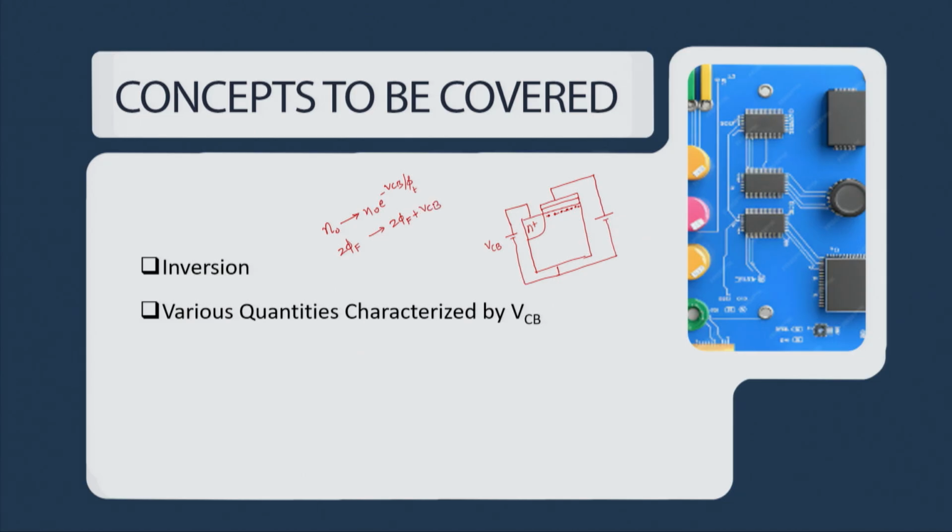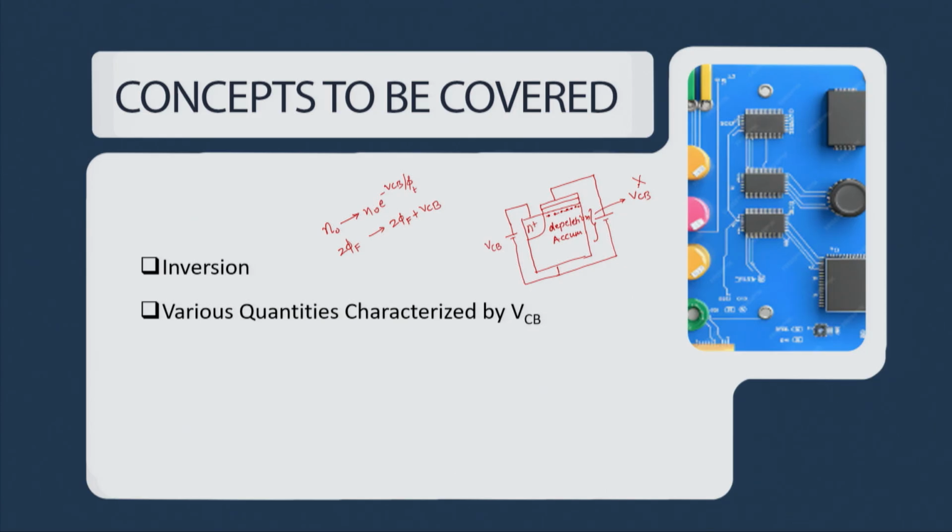We have also discussed that the impact of VCB is not visible when the device operates in accumulation or depletion, because you do not have an inversion layer near the surface.